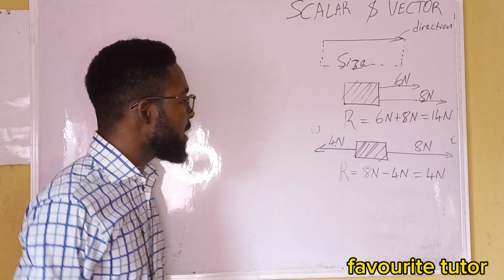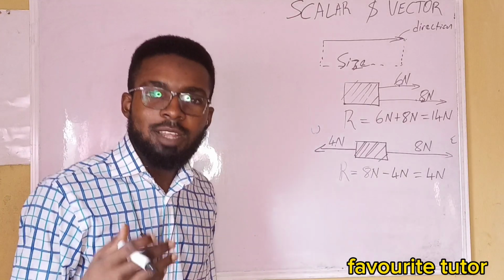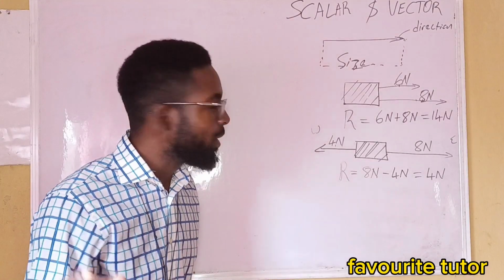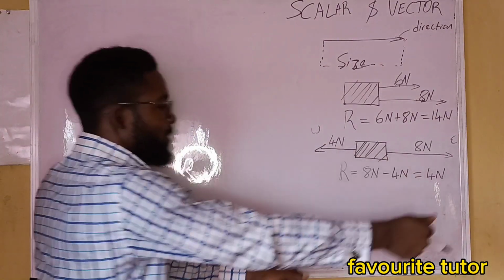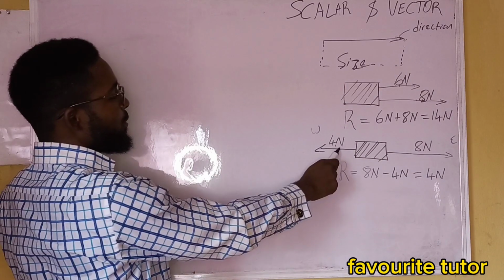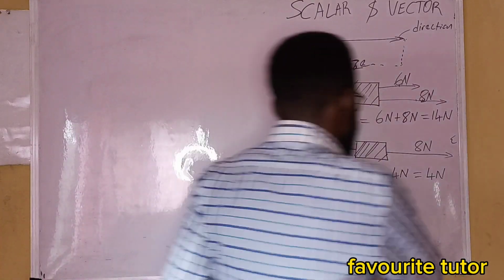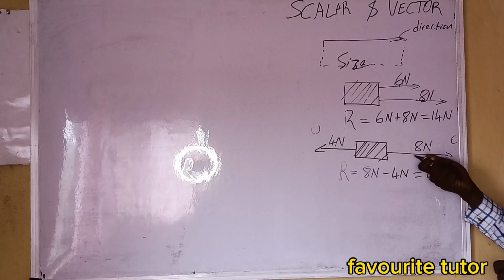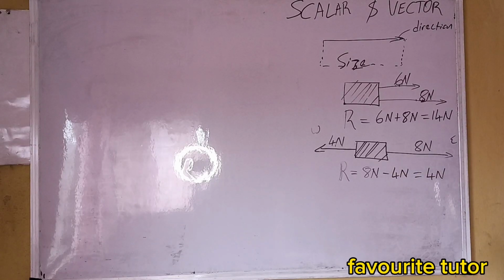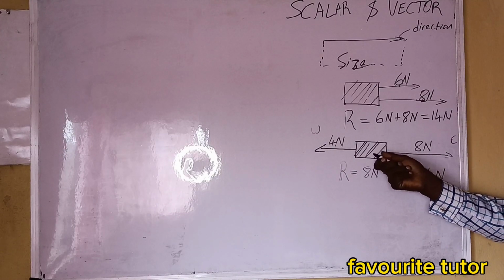For instance, let me use me and you as an example. You are here, dragging this body to this side with 4 Newton force. While me, the strongest person here, I'm on this side, applying 8 Newton force. Of course, I'm going to pull you along with the block.